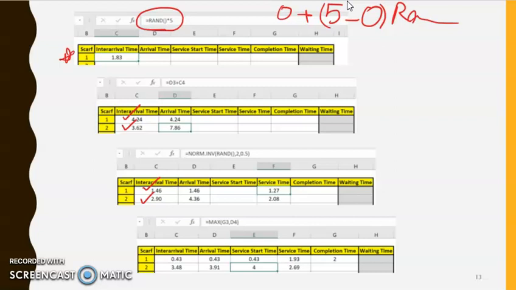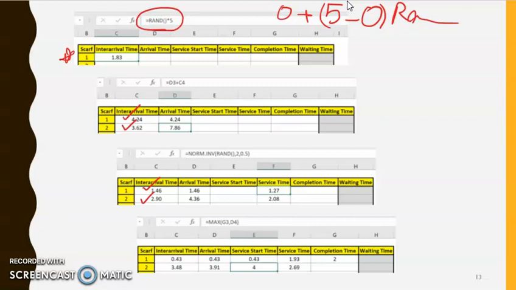And since it is not a real case and it is just for learning purposes, don't bother yourself at this point with freezing, because at this stage, in week 12, our focus is learning how to model a simulation case. Okay, so inter-arrival time is simulated like that.